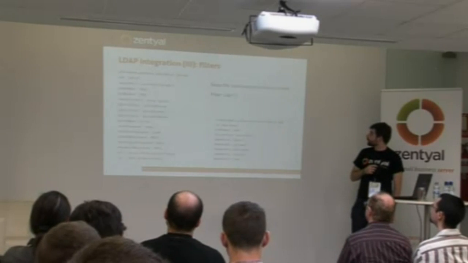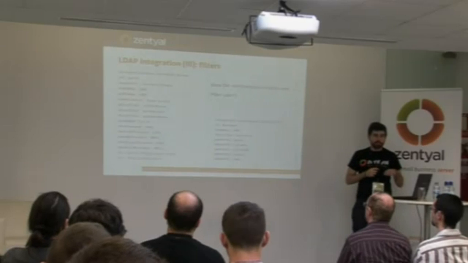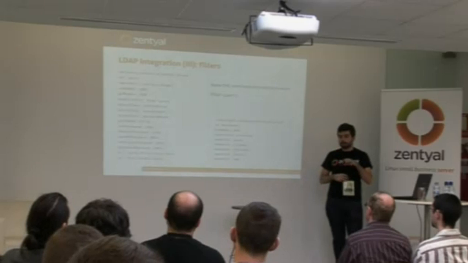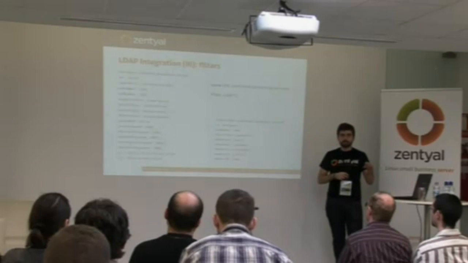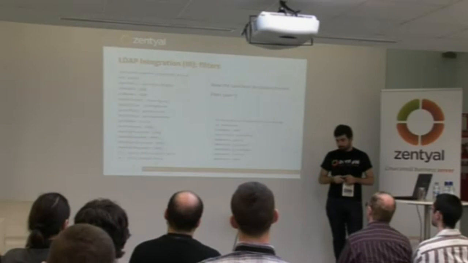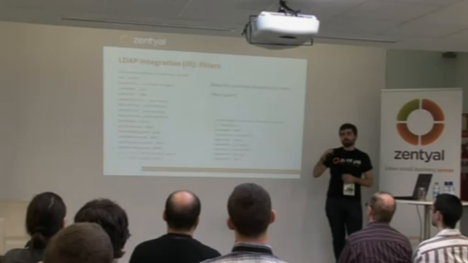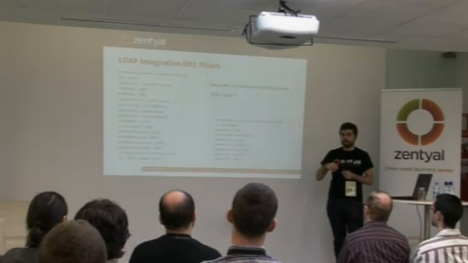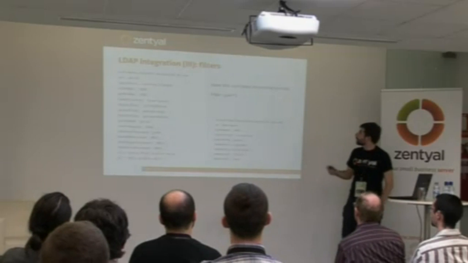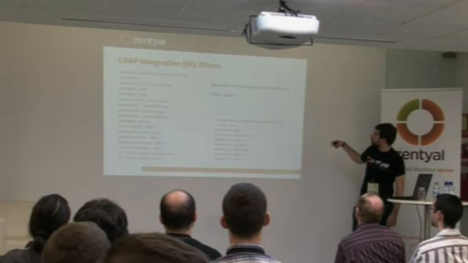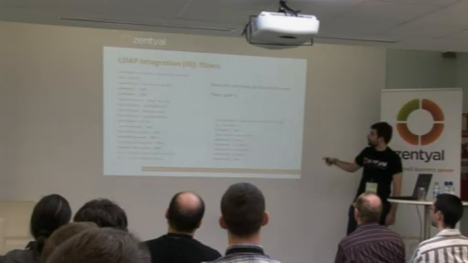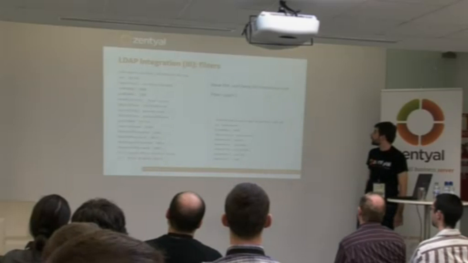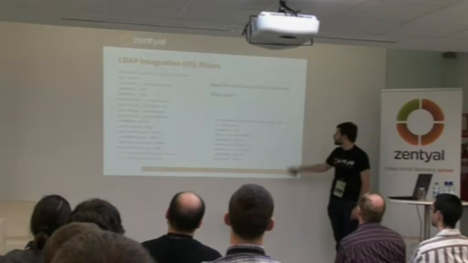Sometimes when configuring a backend, you need to filter what users or what info about the users, or you want to restrict the login to only some users, for example. So this is a dump of our LDAP where you can see all the attributes for one user, that's my user, and the same for a group.